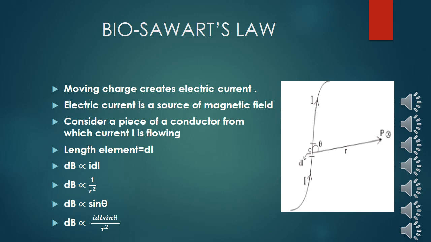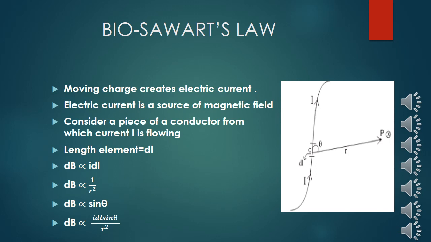If there is a force of 1 Newton, then the intensity is 1 Tesla, but who creates this 1 Tesla? The current, the moving charge, creates this 1 Tesla of magnetic field.